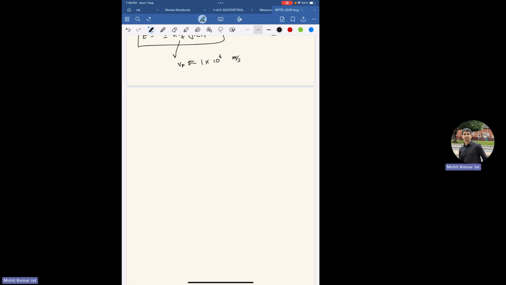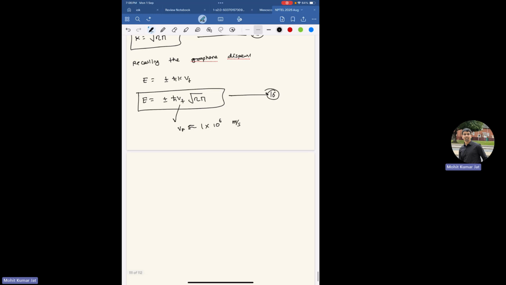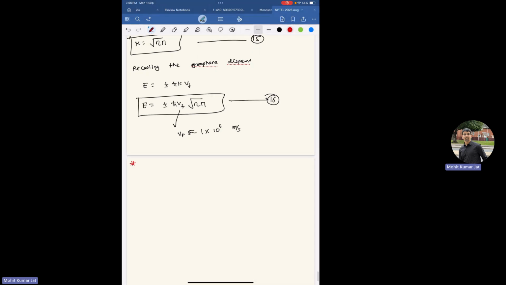Now, apart from that, we can discuss what the typical carrier densities are which we achieve in graphene. What is the Fermi temperature in graphene?